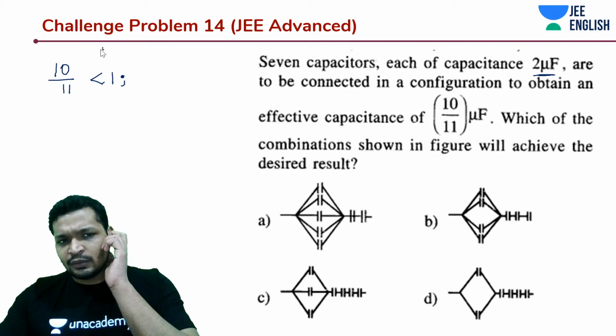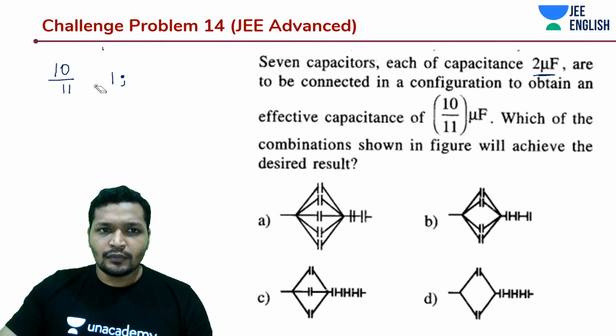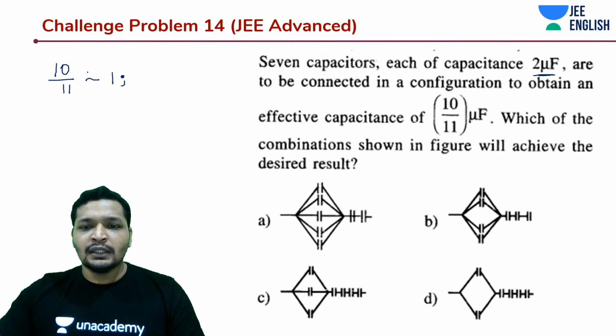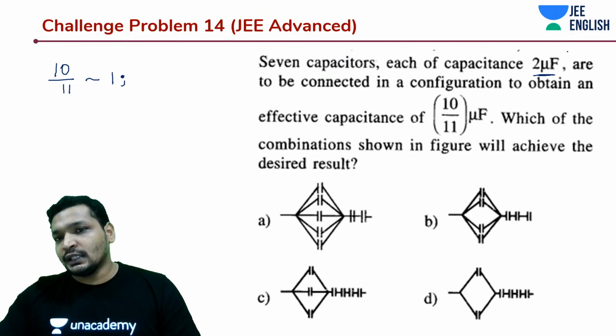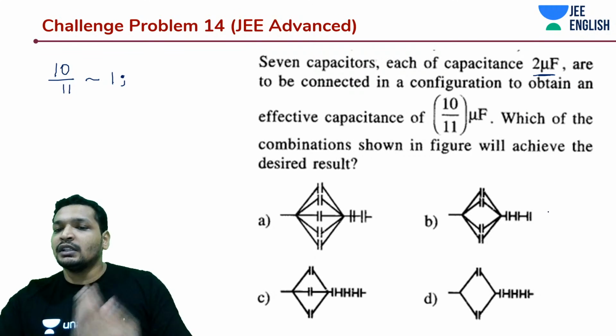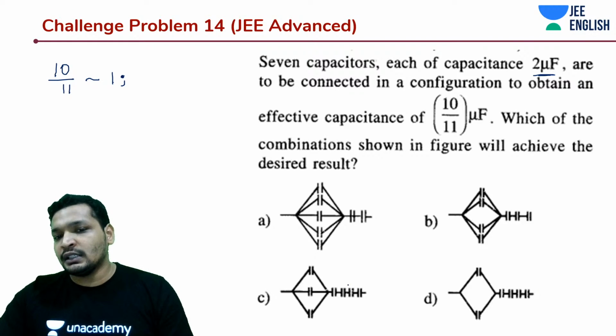This is not less than 1, this is near about 1. That means many capacitors cannot be in series combination. If it was resistors, you would apply the different technique that we discussed earlier. So that means D cannot be the answer.